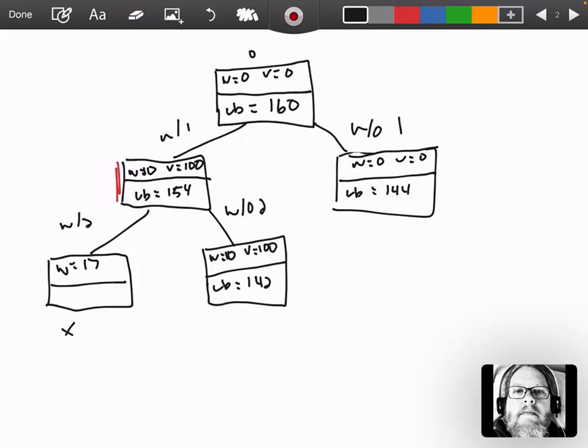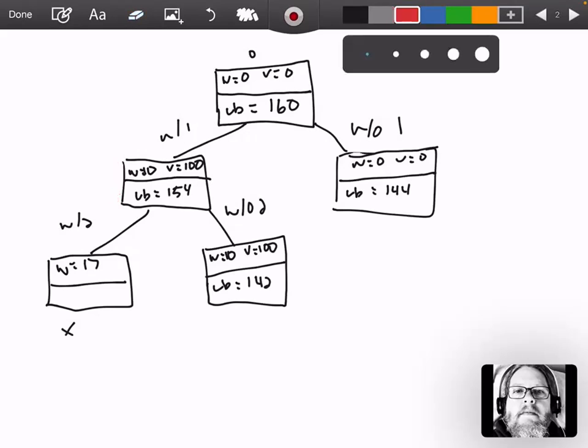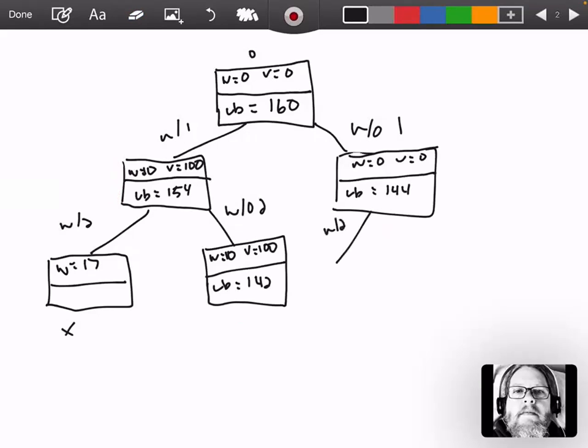At this point, we're going to compare the leaf nodes. We're comparing this upper bound and this upper bound. At this point, we see that the one on the right, without 1, is superior. So we don't keep following this path. We instead move back over to here. So this one's going to get a with 2 and a without 2.